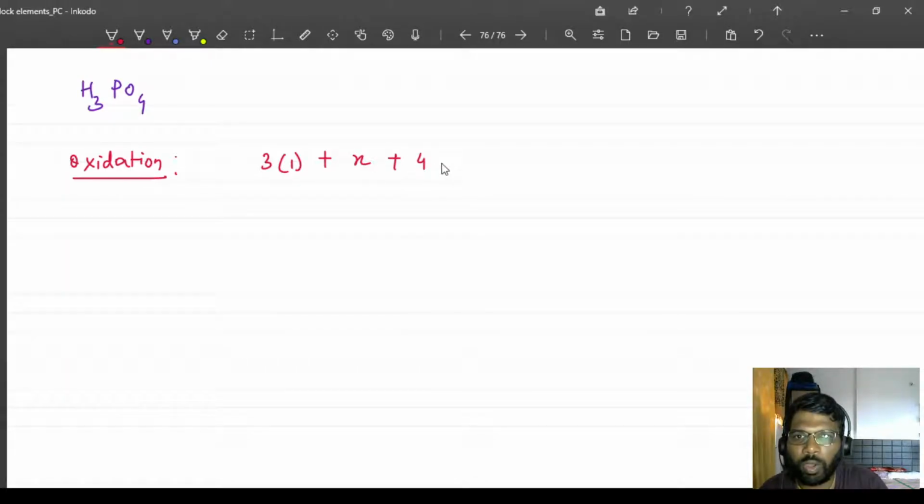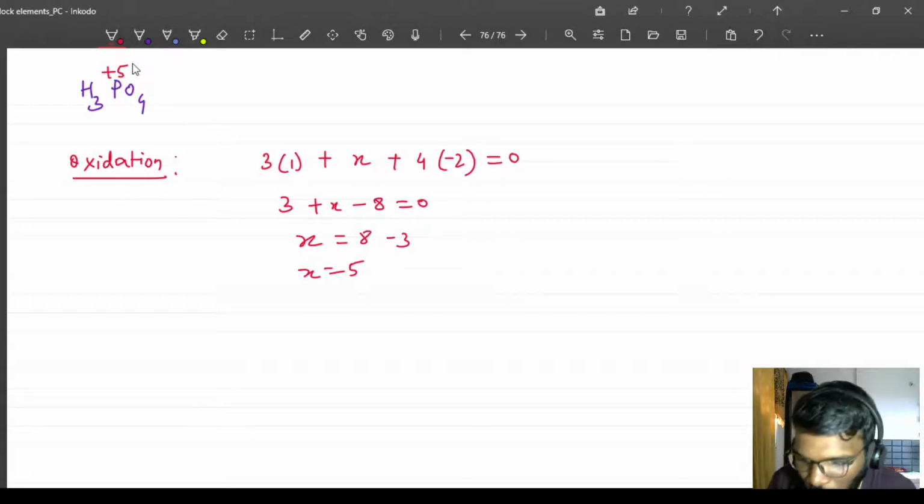There are four oxygens and each oxygen has minus 2 charge, and the overall compound is neutral, so 3 plus x minus 8 is equal to 0. So x is equal to 8 minus 3, therefore x is equal to 5. The oxidation state of phosphorus over here is 5.